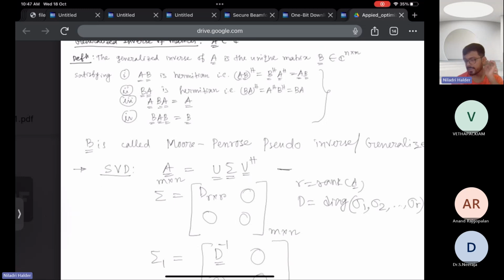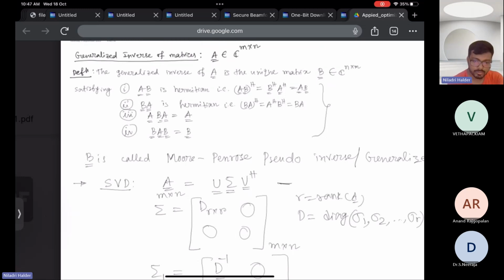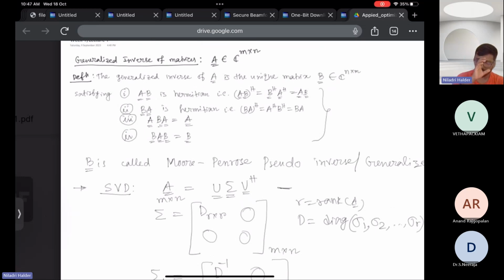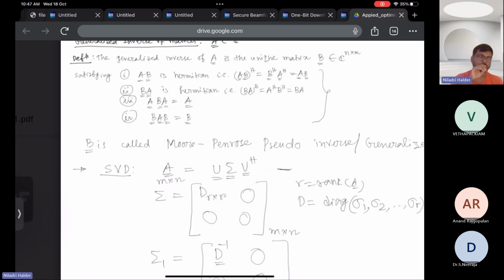Suppose there is a rectangular matrix, and how to find the pseudo inverse or generalized inverse of that matrix. Suppose A is of dimension m cross n, then its pseudo inverse B will be of dimension n cross m, and four conditions should be satisfied.